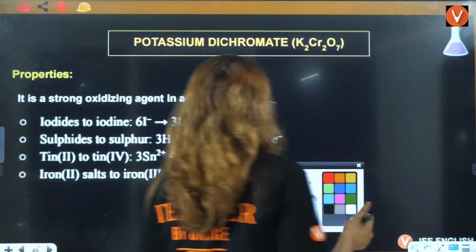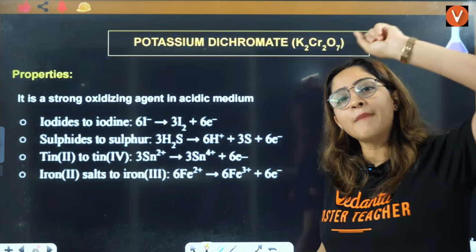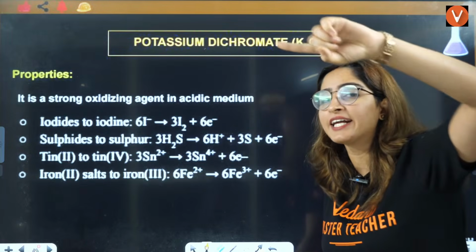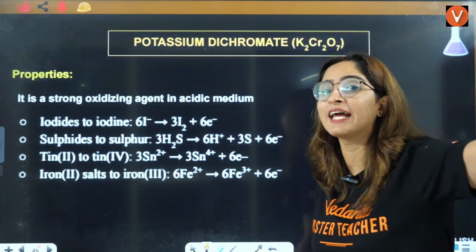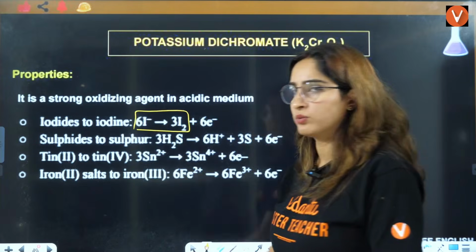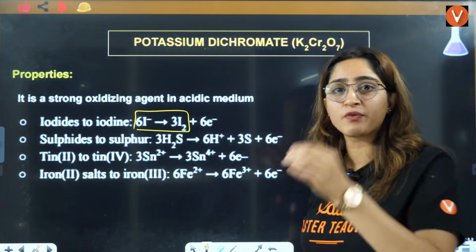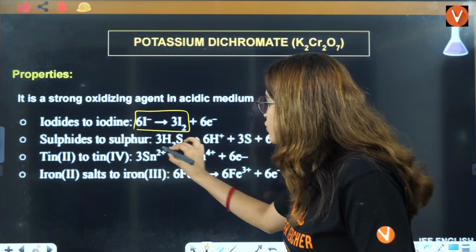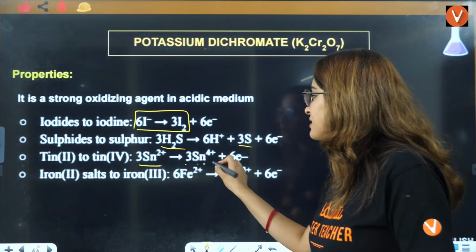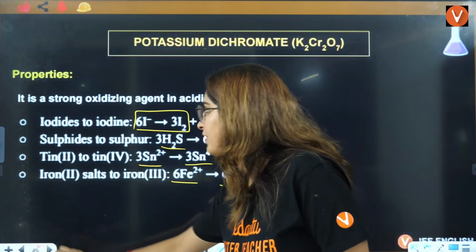Everything else is the same, but in potassium permanganate, in acidic medium it converted I⁻ to I₂, and in basic medium it converted I⁻ to iodate. But here I⁻ is always converted to I₂. You don't have to remember these electrons, this is just balancing. Just remember which is converted to which. S²⁻ is converted to sulfur, Sn²⁺ is converted to Sn⁴⁺, then Fe²⁺ to Fe³⁺, same way, right?